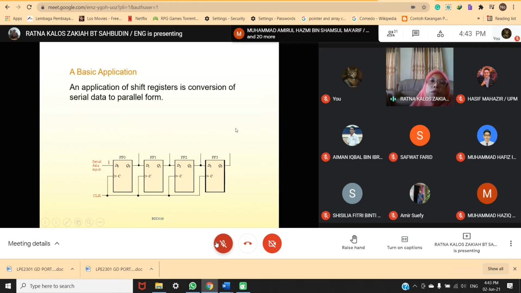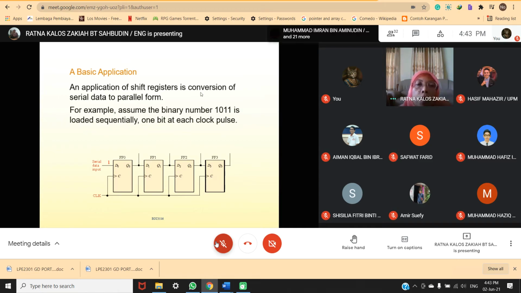An application of shift register is conversion of serial data to parallel, serial to parallel form. For example, assume the binary number 1011 is loaded sequentially, 1 bit at each clock pulse.